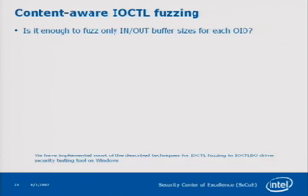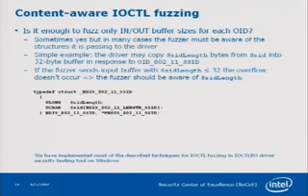So we fuzzed mostly IO control codes, object identifiers, probably SRBs, and the lengths of the buffers. But we didn't fuzz the contents of the buffers. It's not completely dumb fuzzing, but it's also not very smart fuzzing, because to make fuzzing of the device IO control API smarter, it is not enough to fuzz only the sizes of the buffers for each object identifier.